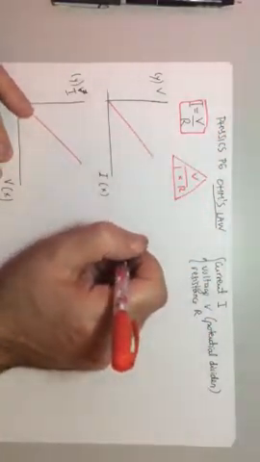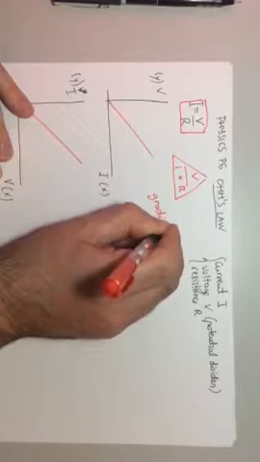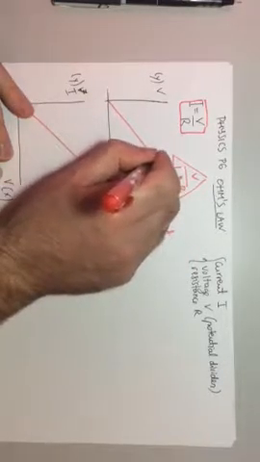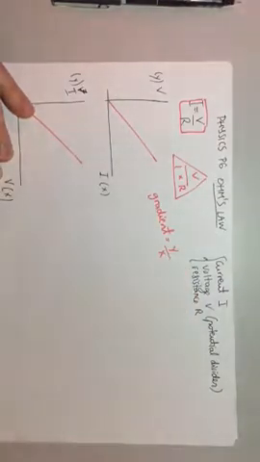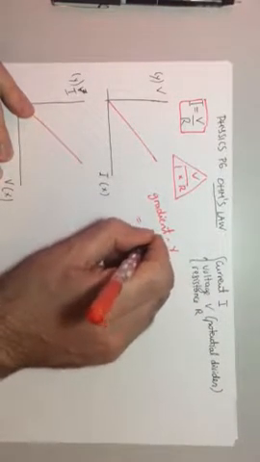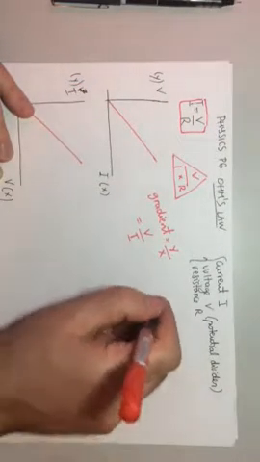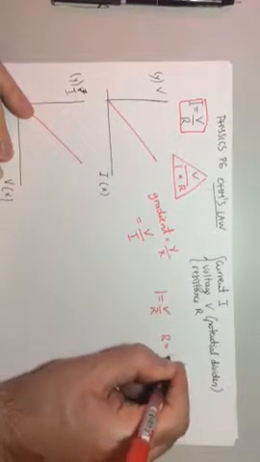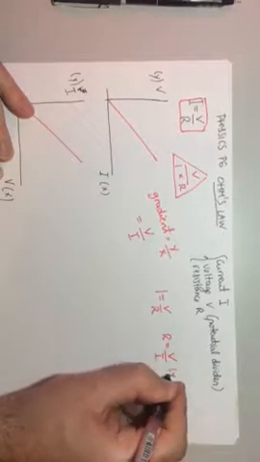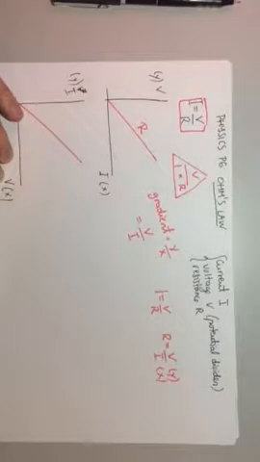Let's say the first graph, where the gradient is equal to y over x. Now y over x is voltage over current. If I look at my equation, I equals V over R, that means R equals V over I. This is y over x in my case. That means this gradient will be equal to R.